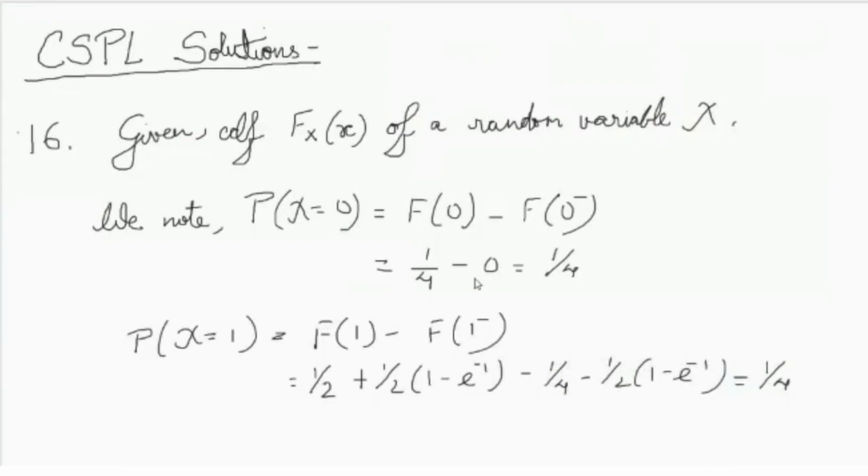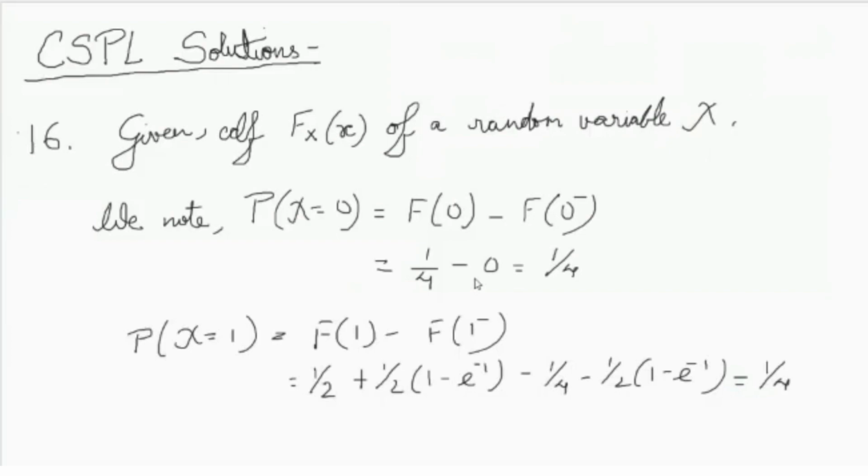So first, in these cases, we start off by obtaining the points of potential discontinuity, that is, what is the probability at those points. For example, the points here, as I mentioned, are 0 and 1. So we will find probability X equal to 0, which is F of 0 minus F of 0 minus, in this case.